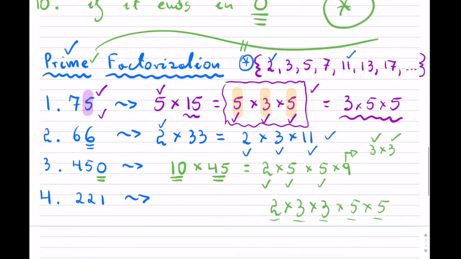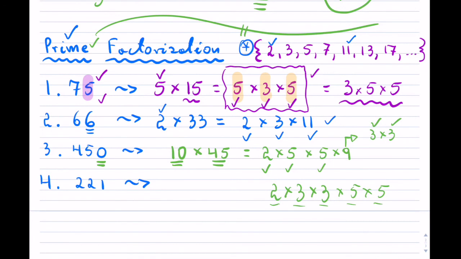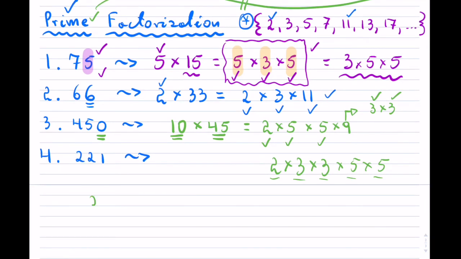The last example, 221. So let's take a look and see what this gives us. Now, I noticed that 221 is not divisible by 2 because it ends in 1. Let me check if it's divisible by 3 by doing the sum of digits.